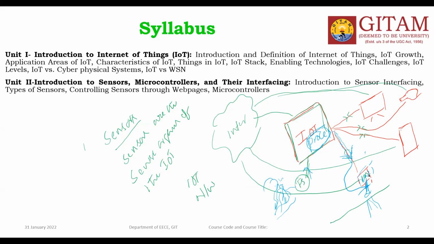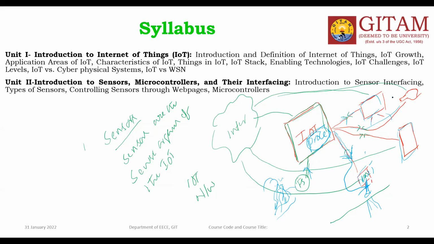Like this, one complete task can be done with this setup. Suppose this is the TV, you can switch it on and off, or control some channels through the IoT network. Similarly, this lamp can be switched on and off, and similarly your mobile phone.